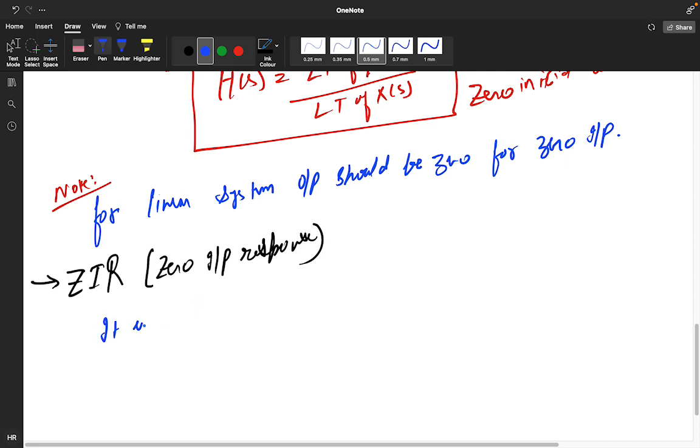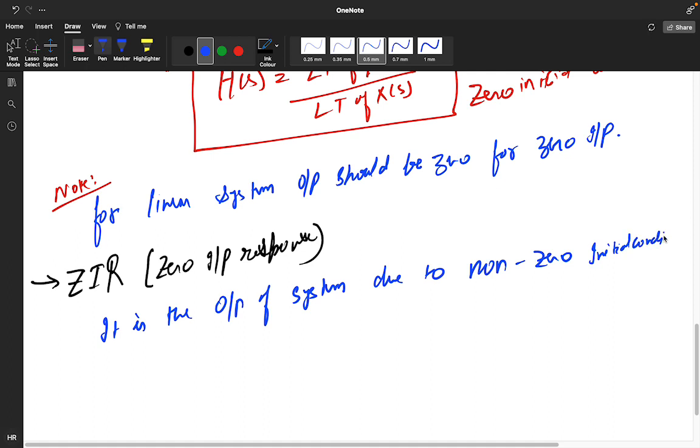It is the output of the system due to non-zero initial condition of the system, when the system input is 0. When you are providing no input, meaning 0 input, but because of the initial conditions you are getting the output.